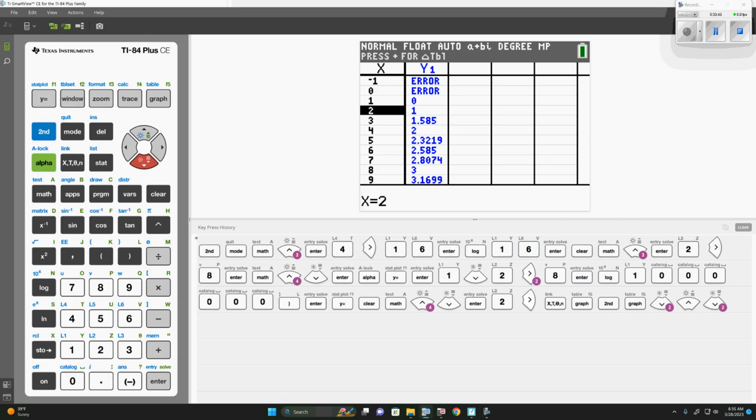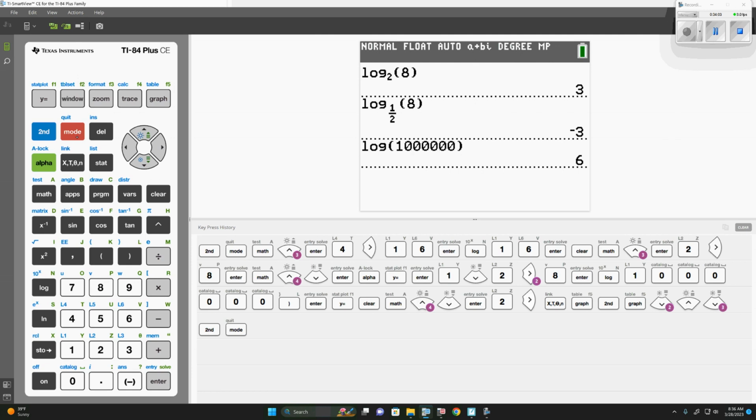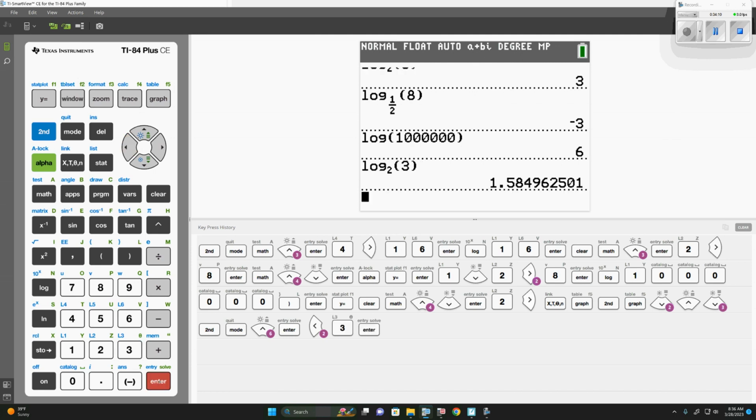And if it asks for more than that, the next point I'm going to use is not going to be an x value of 3, because the y value is not nice. It's a non-repeating, non-terminating decimal. They gave us an approximation of it, but I don't believe that is the entire number. Log base 2 of 3, as we see here, has a lot more decimals than what the graph was showing us.